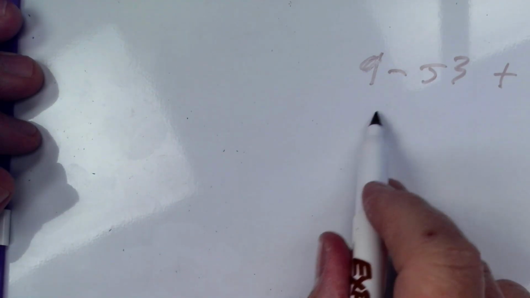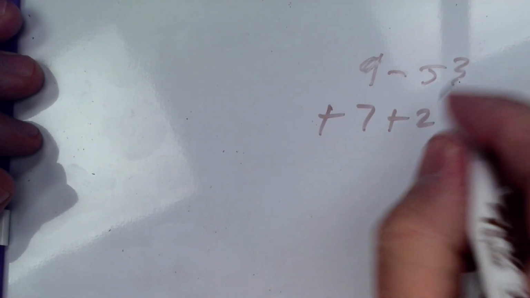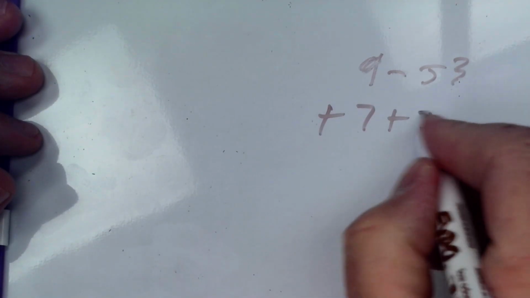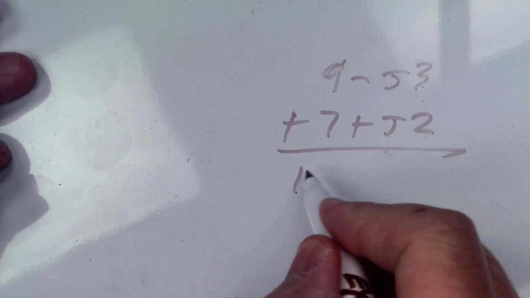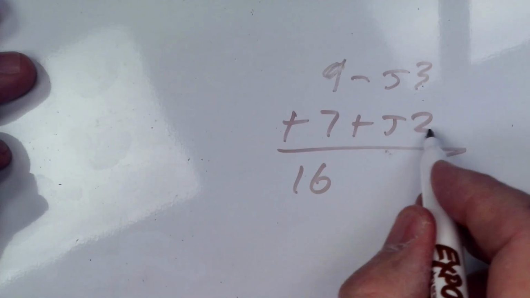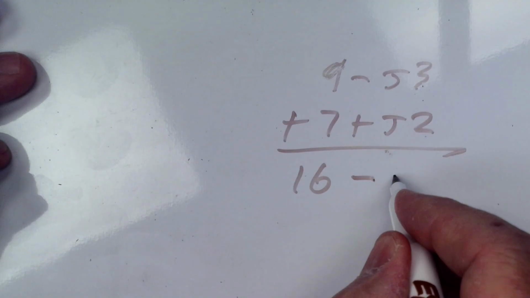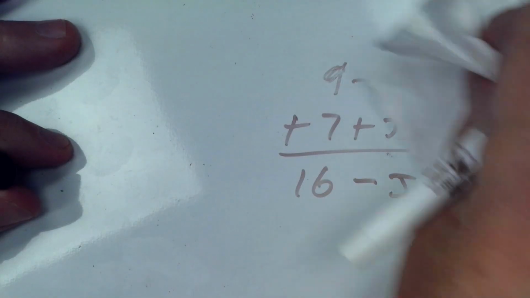If this is what we're given, you can just write the answer right underneath it. 9 plus 7 is 16, and then negative j3 plus j2 is going to be minus j. So to add and subtract, that's all you do, you just literally add them up and subtract them.